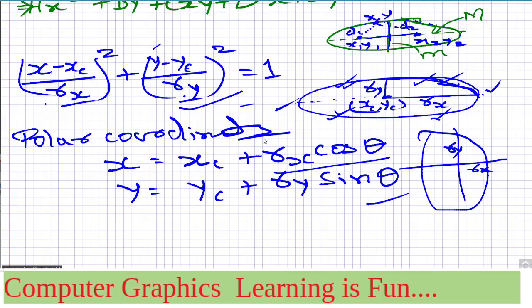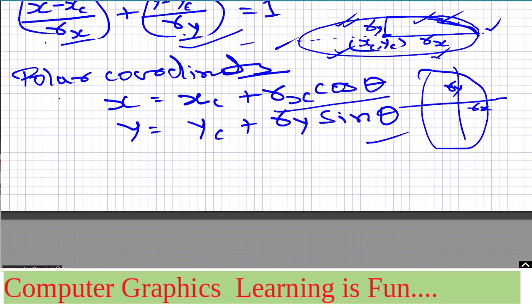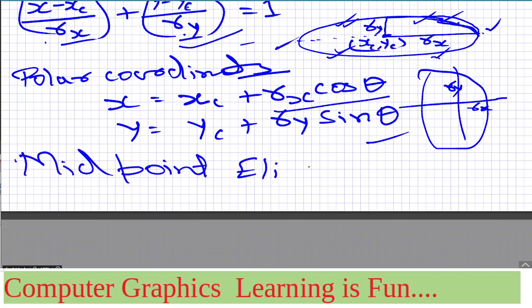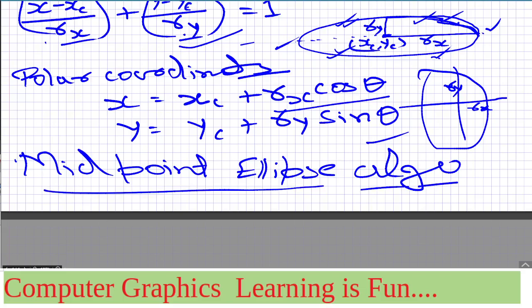We will call it the midpoint ellipse algorithm. So we will see this midpoint ellipse algorithm in the next video. For now, thank you.